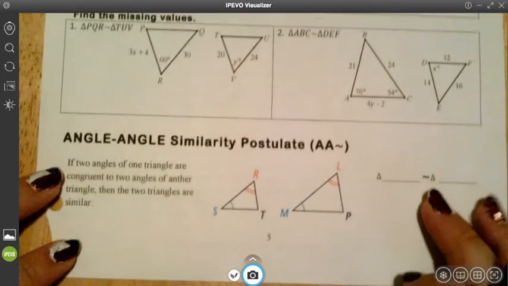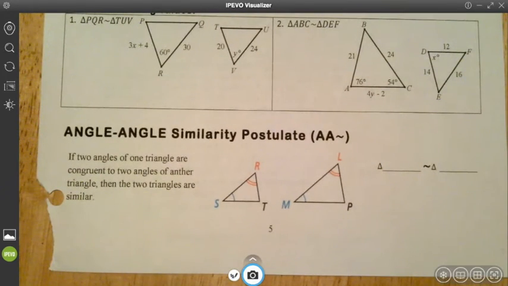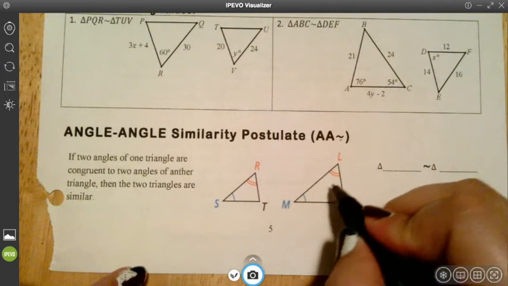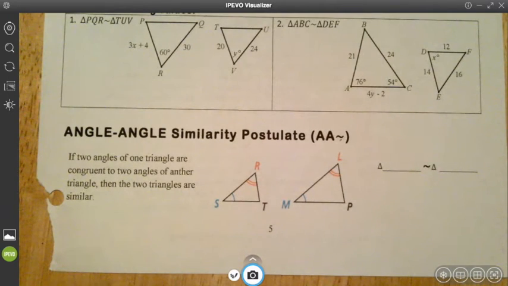So what postulates can we use? What are the shortcuts that we can use, the minimum that we need to have in order to say that two shapes are similar? Well, for triangles, we can use angle-angle similarity. And what that means is that if I have two congruent angles, then the triangles must be similar. Now, if I have two angles and a side, and those sides are congruent, that would be a congruence statement.